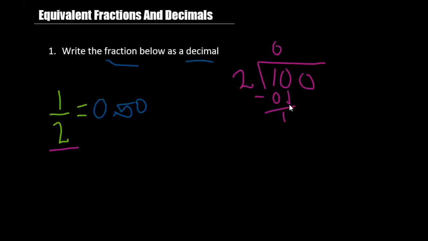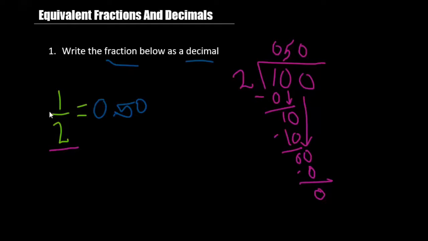We bring down the 0. Now we have 10. 2 goes into 10 5 times. We subtract 10 from 10. 10 minus 10 is equal to 0. Now we bring down the other 0. 2 goes into 0 0 times. 0 minus 0 is equal to 0. So our answer is 50.